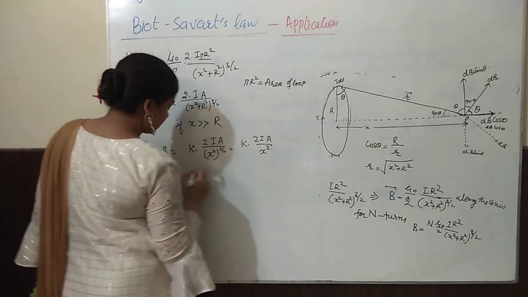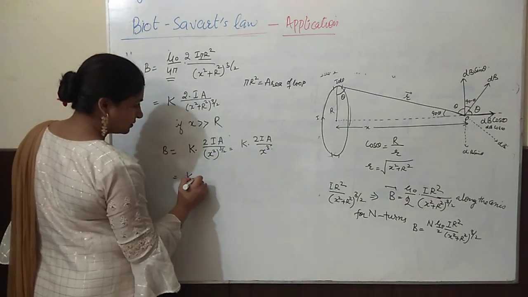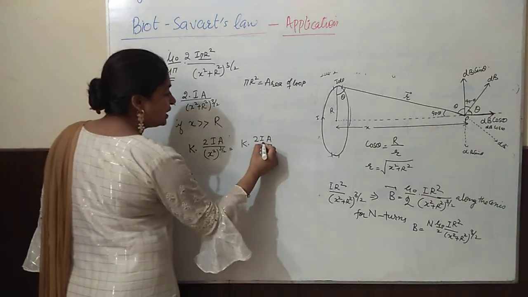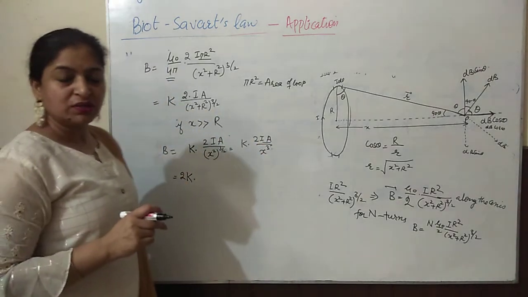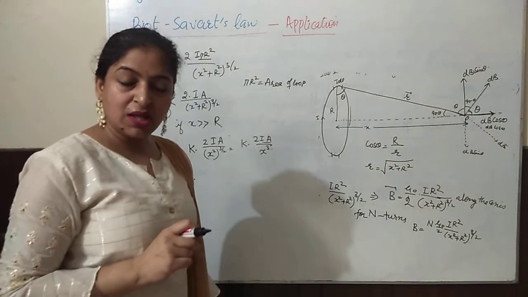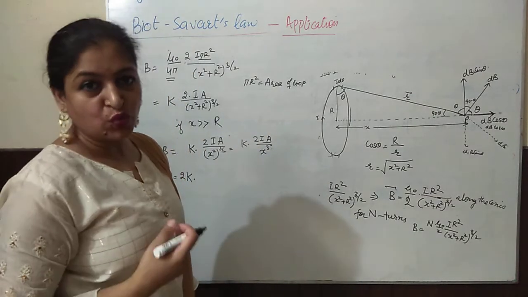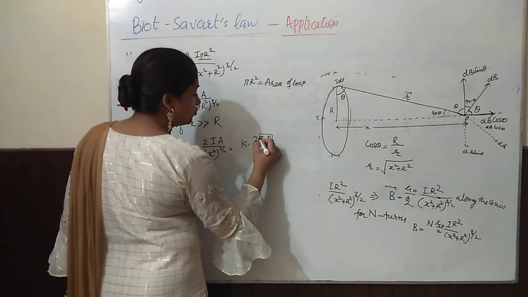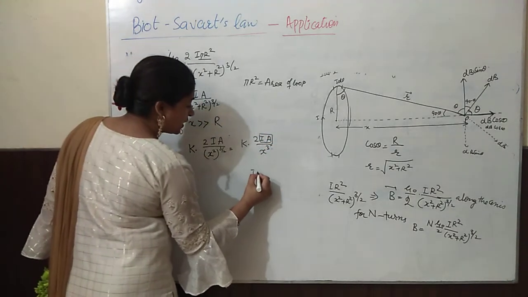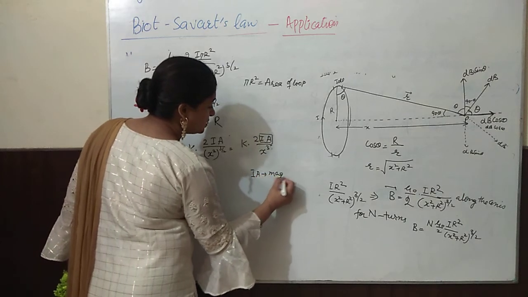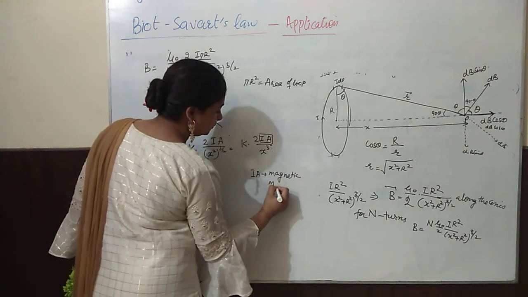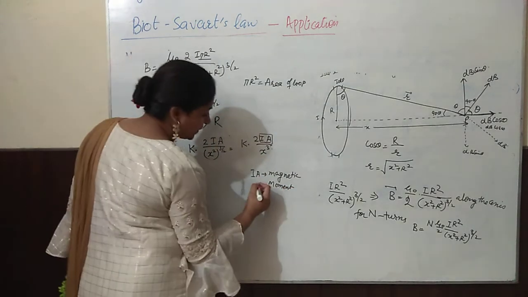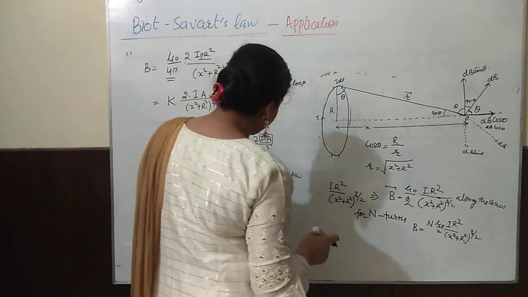And this is the magnetic field, 2 times K I into A. I into A is the product of the current and the area of the loop through which the current is flowing. For this I am going to define one new parameter: I into A is the magnetic moment, the magnetic dipole moment.